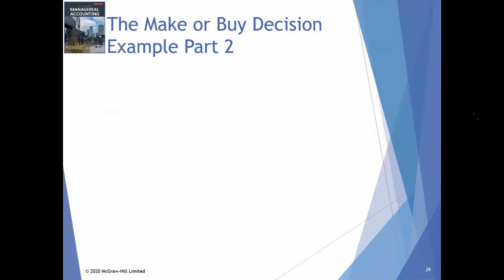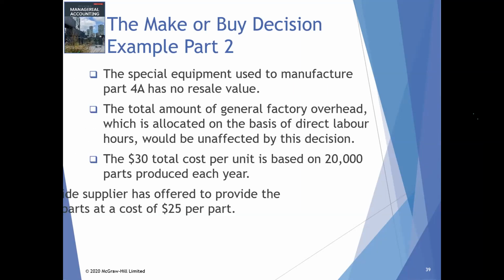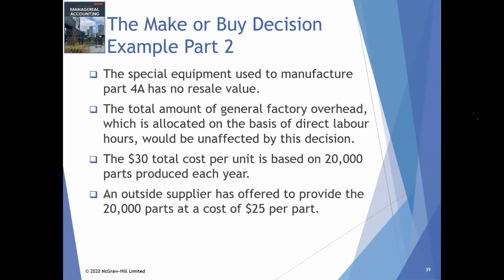And the next information you have is that the $30 total cost per unit is based upon the 20,000 parts produced every year. It means in 1 year, 20,000 units will be produced. But what is happening? The other supplier comes and has given one offer.